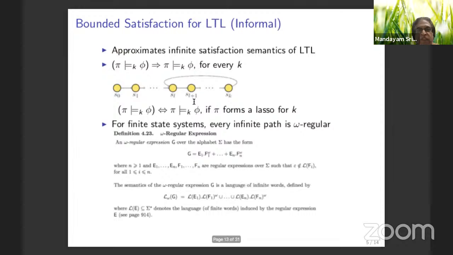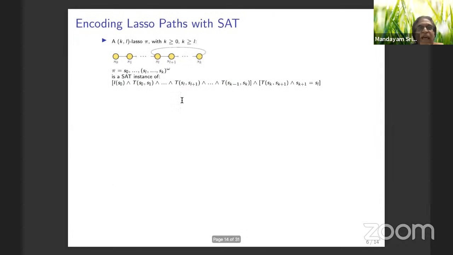So before I do that, let's look at lassoing paths: what paths are lassoing and how they can be represented as SAT instances. So a KL lasso path pi is exactly this. It is K long.